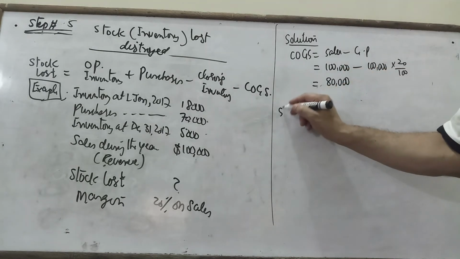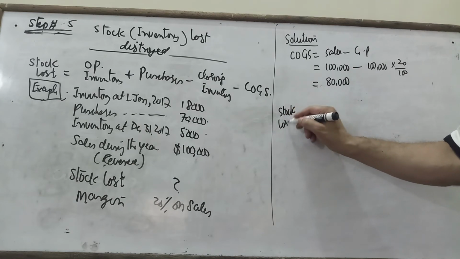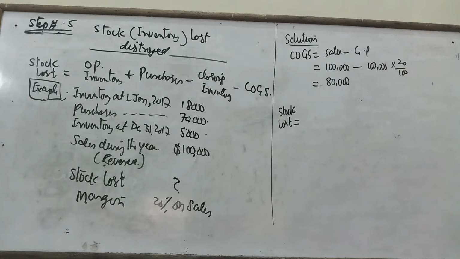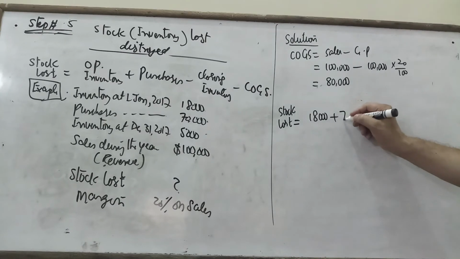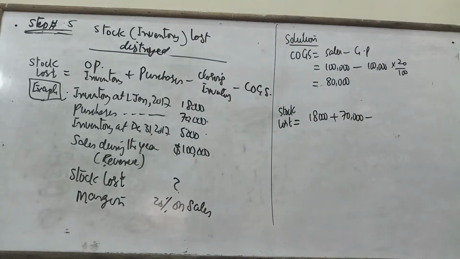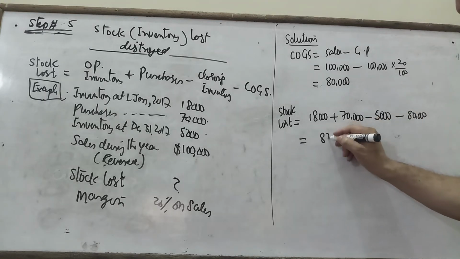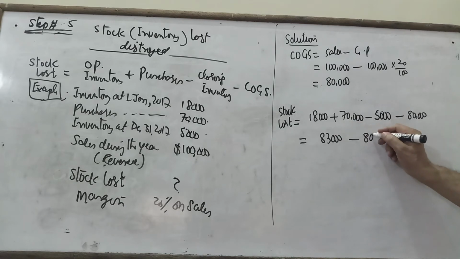Now I'm going to calculate stock loss. Stock loss equals opening inventory $18,000 plus purchases $70,000, then minus closing inventory $5,000 and minus cost of goods sold $80,000. According to our record, the inventory that must be in the warehouse equals 83,000, minus 80,000.